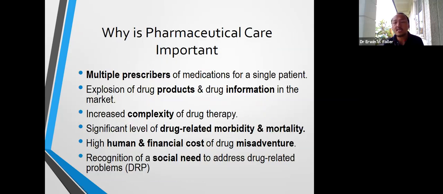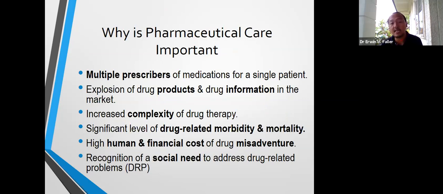Now, what is pharmaceutical care all about and why is it important? It is important because at this time, we have multiple prescribers of medication for a single patient. There is also an explosion of drug products and drug information in the market and increasing complexity of medications, which results in polypharmacy.